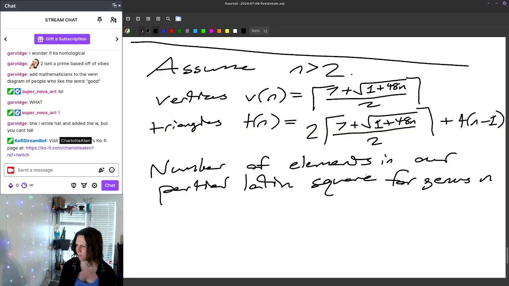So we're going to have each of the vertices that we started out with, but we're going to add 1 vertex for each triangle, because that's what you do when you do the elementary subdivision.